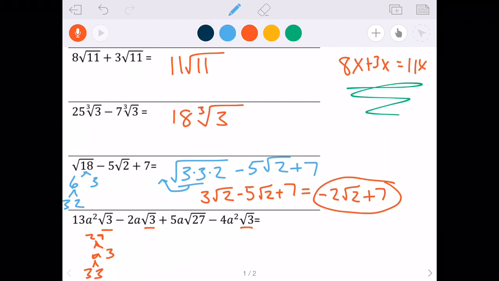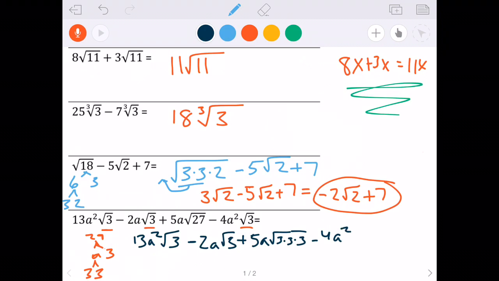So what I'm going to do here is rewrite all of these terms. Now the 27 was 3 times 3 times 3. So I need to reduce that square root of 27, which I rewrote.